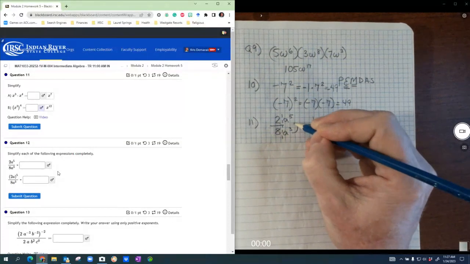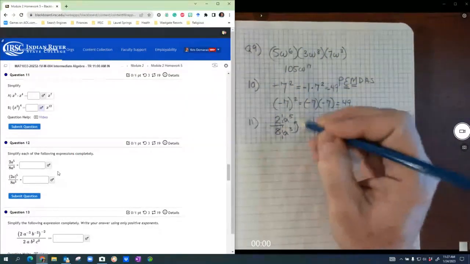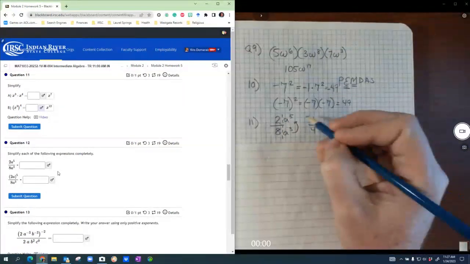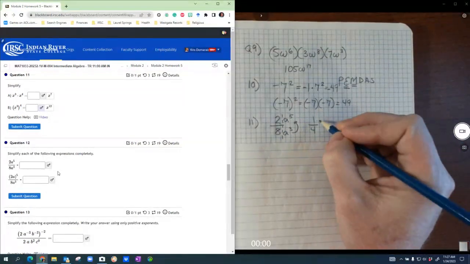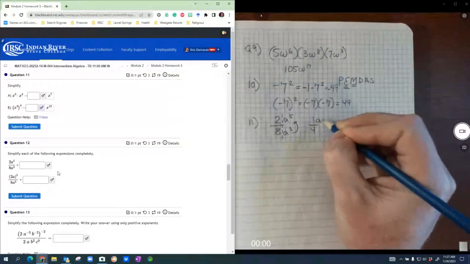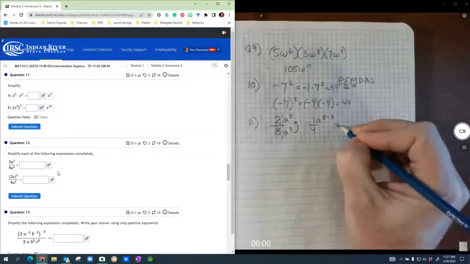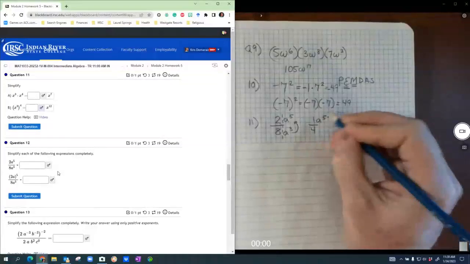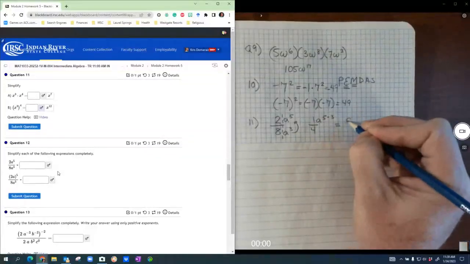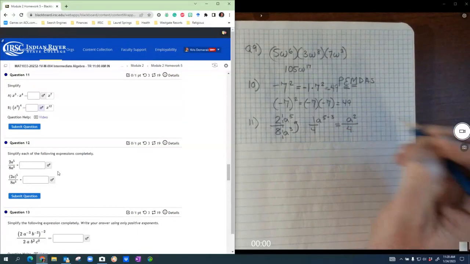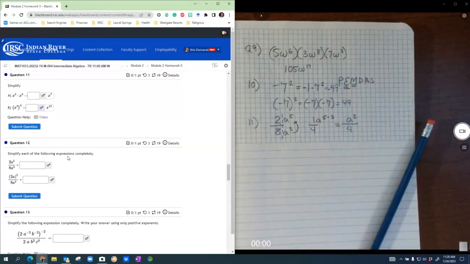Now I separate the a's away from the 1/4 because I want a positive exponent. So I get a to the 5 minus 3, and that's going to be a to the 2nd divided by 4. And that's our answer.